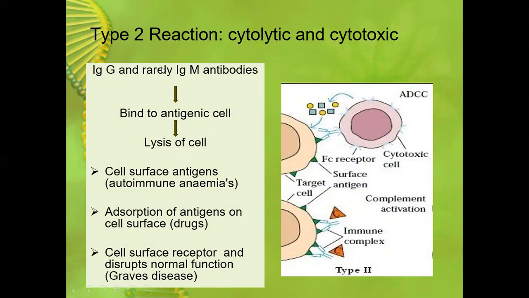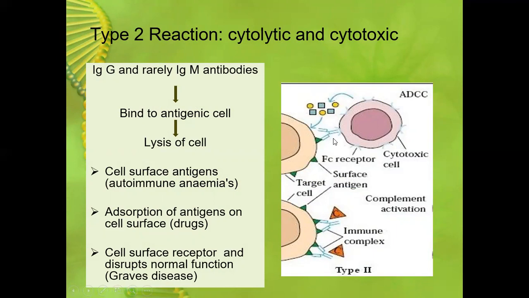So here IgG and rarely IgM antibodies are released upon binding to the antigen. This is the antigen. So it releases the antibodies, and this causes lysis of the cell. With the release of antibodies, it causes lysis of the cells.